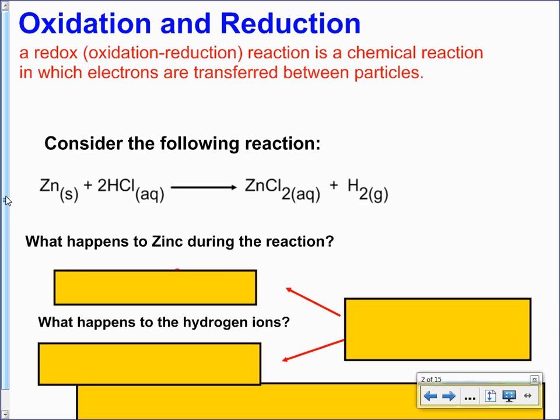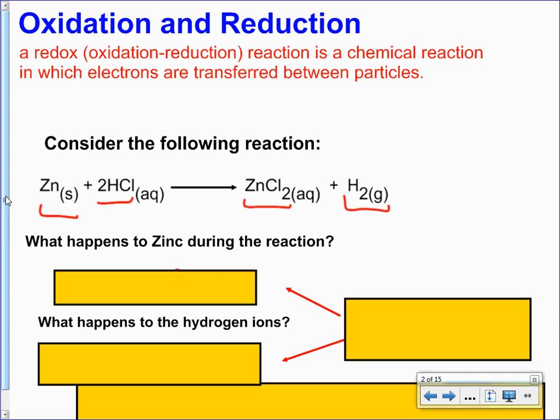those electrons. So if we consider the following reaction in which we have solid zinc reacting with hydrochloric acid, as that reaction proceeds, we'll produce zinc chloride and we'll also produce hydrogen gas as a result.